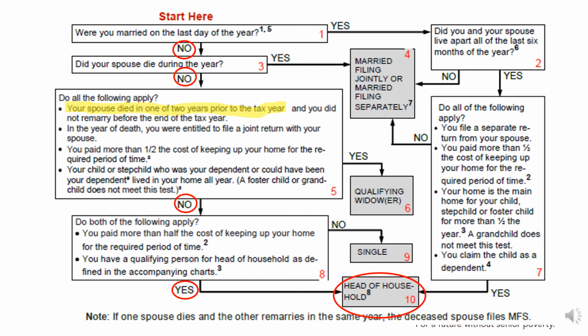And the accompanying charts are in the resource tool as far as a qualifying child or qualifying relative. So we'll get into those when we get into dependency, but that the person does qualify the taxpayer as head of household. So the best choice that they can make is head of household.